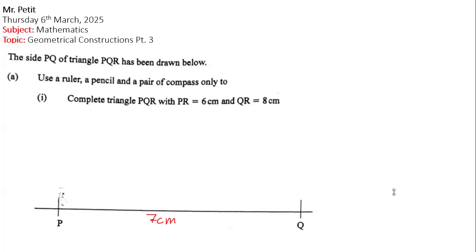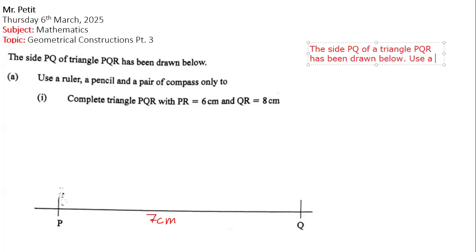Let's go ahead and I'm going to write this down, because I'm going to need it for the other side. It says the side PQ of a triangle PQR has been drawn below.